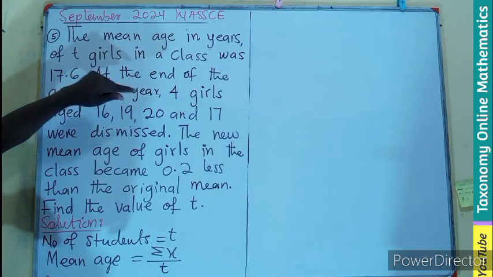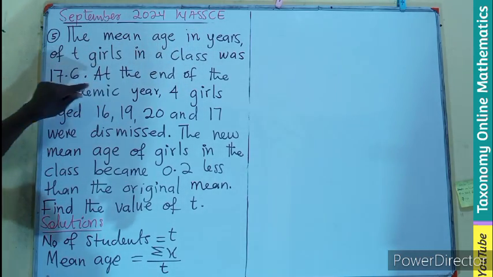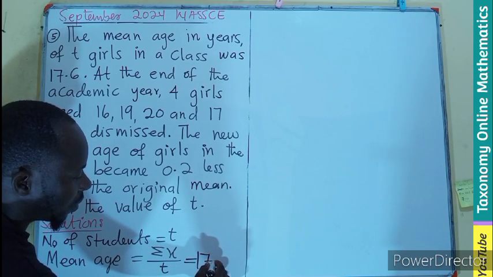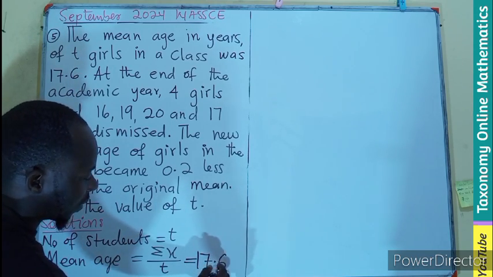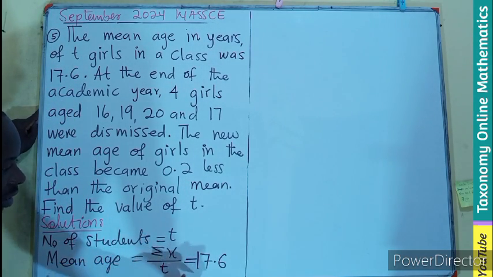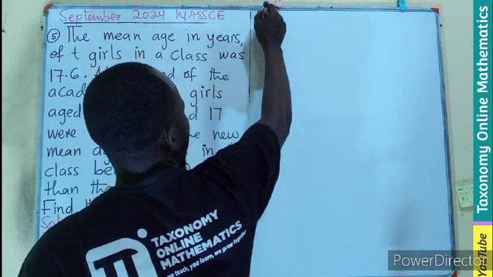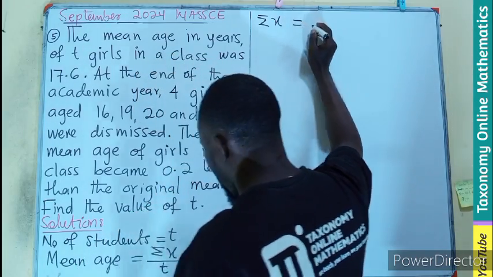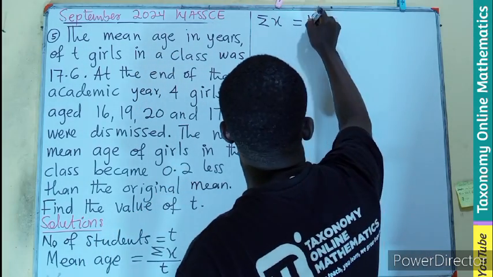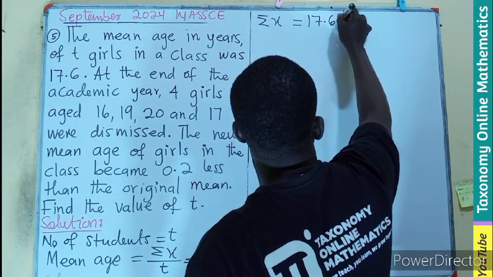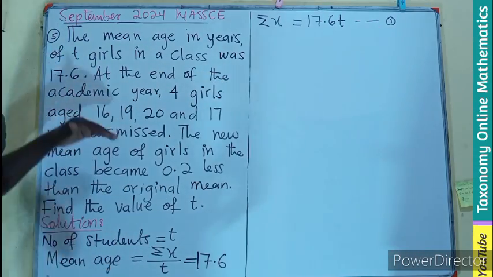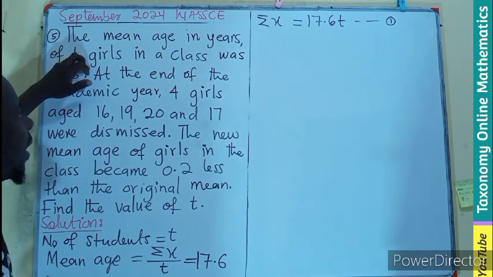The mean age in years in a class was this. So this will be equal to 17.6. Picking from here, we can cross multiply to know the sum. The summation of all the ages will be equal to T times 17.6, that is 17.6 T. So that will be the first equation we can get from the first part of the sentence, right?